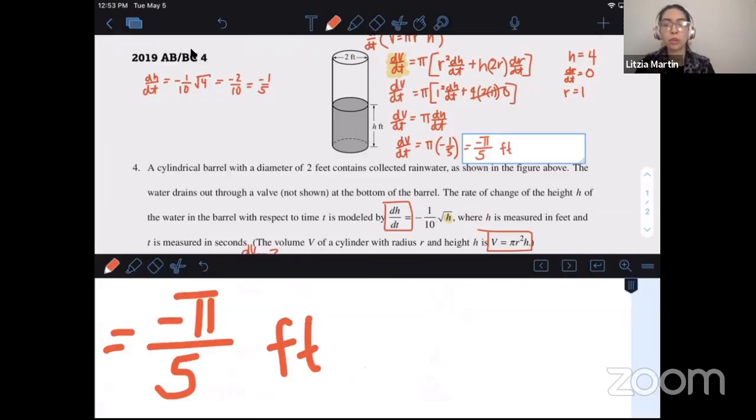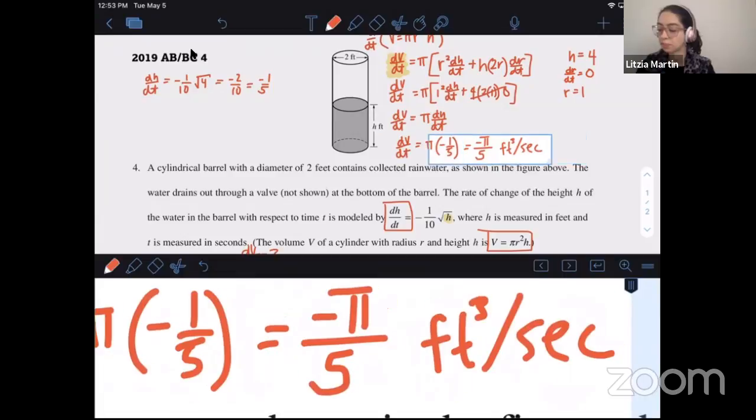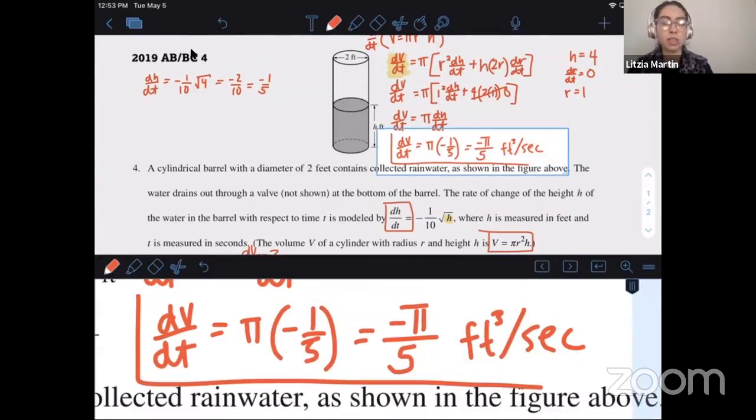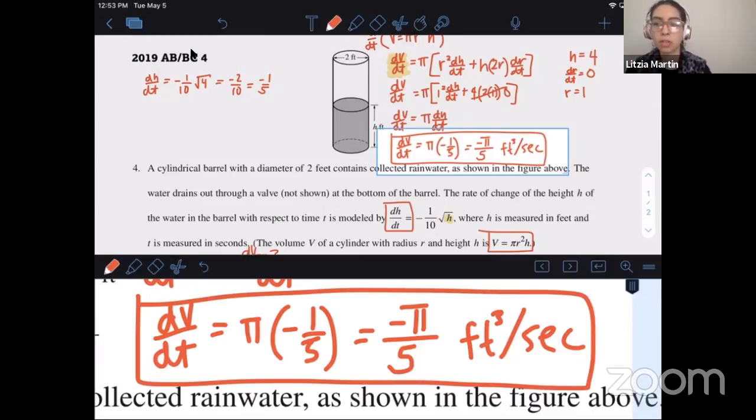So we can say feet cubed, and it's a rate. So it's feet cubed per a unit of time. And what is our unit of time? Second. Okay. So that is our answer there for the first part of this problem.